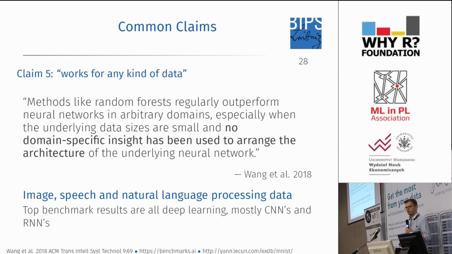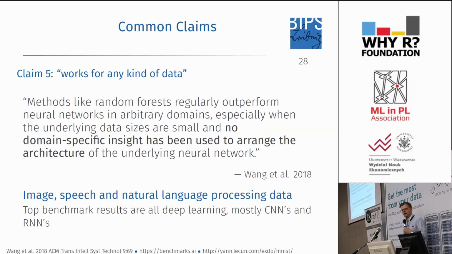A little bit more on the image, speech, and NLP data. If you look at the publication by Wang et al. 2018, they write: methods like random forests regularly outperform neural networks in arbitrary domains, especially when the underlying data sizes are small and no domain-specific insight has been used to arrange the architecture of the underlying neural network.